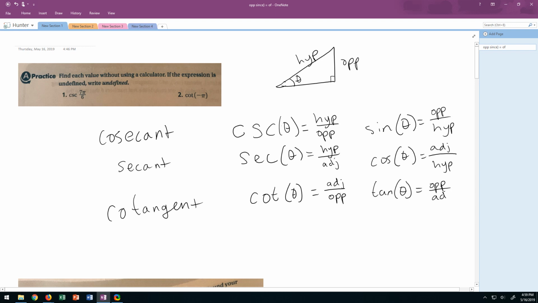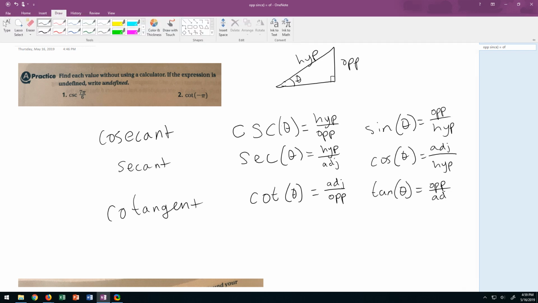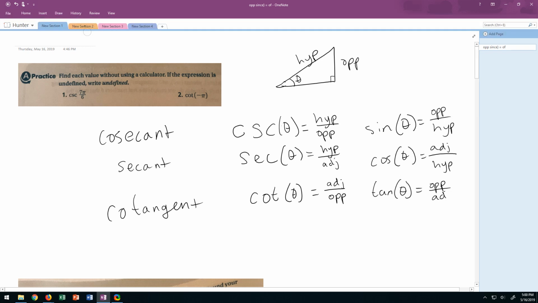Now I want you to notice something. I wrote them down in this way on purpose so that you can see this relationship between the cosecant and the sine. Check out the relationship between the cosecant and the sine. Isn't one of them just the reciprocal of the other?